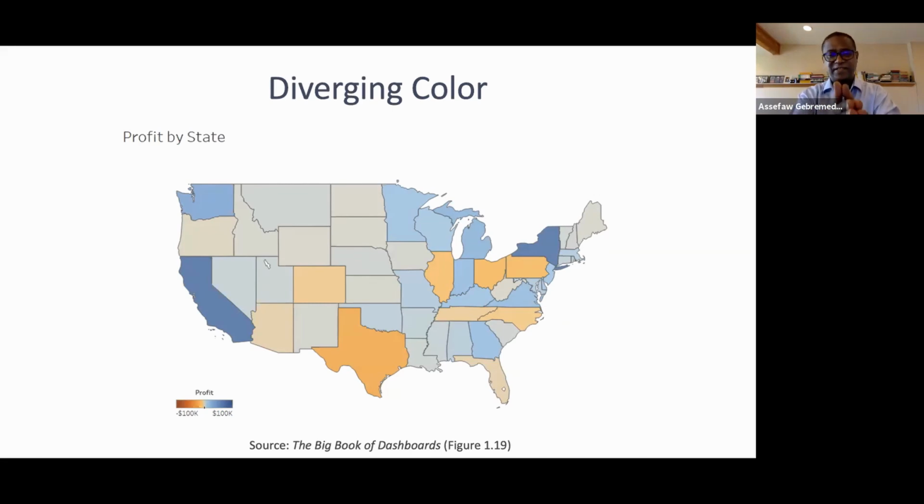And here is a place where you also want to pay attention, not only to the contrast between the two diverging things that you are trying to show here. In this case, one end is represented with an orangish, reddish color, and the other one with a blue. You don't just want to show the contrast and the neutral color in between. You also want to make the things as different from each other as possible.